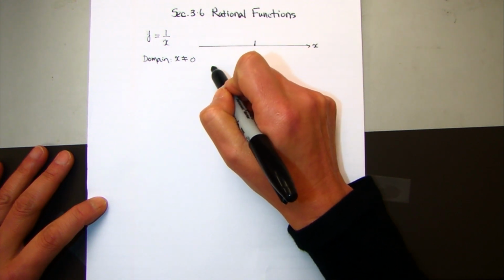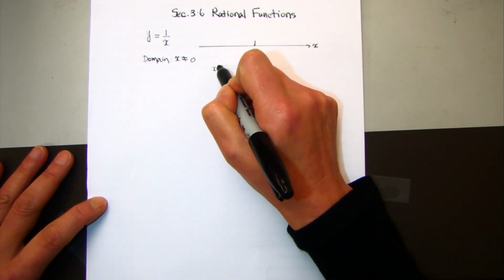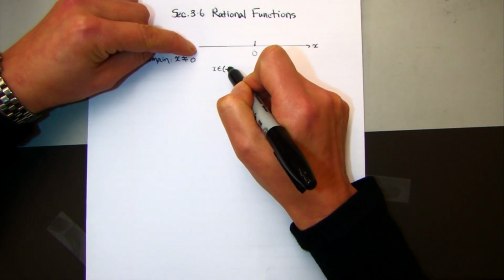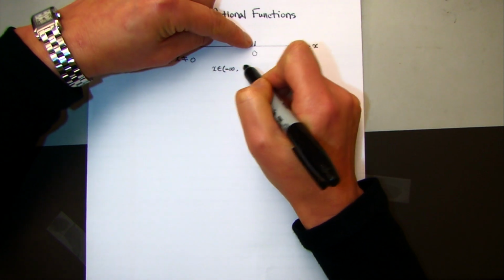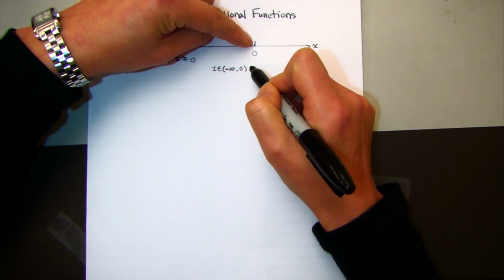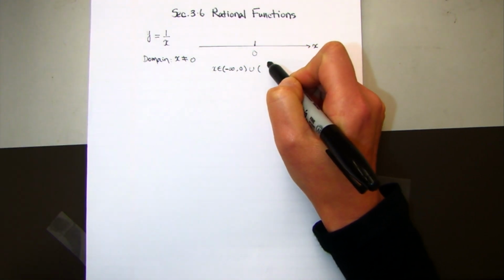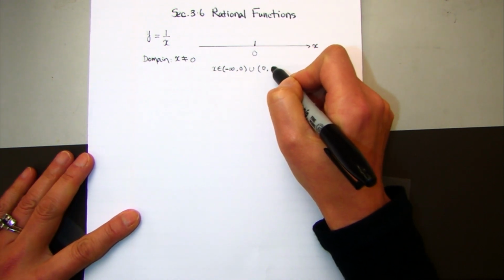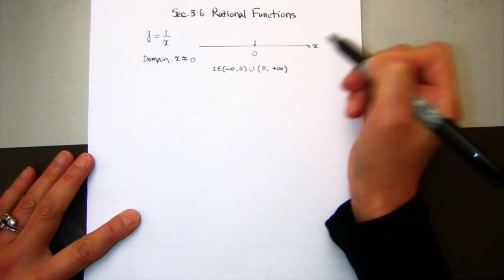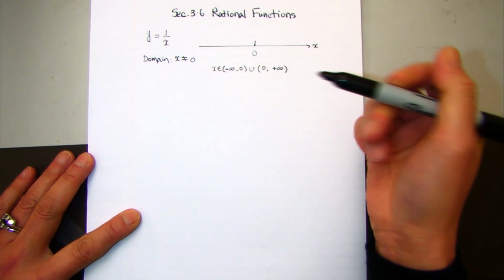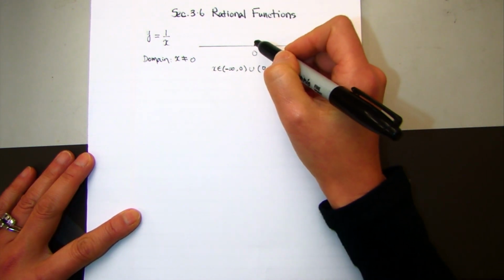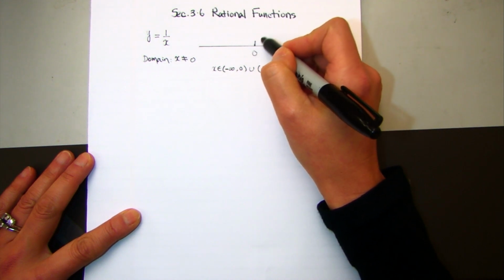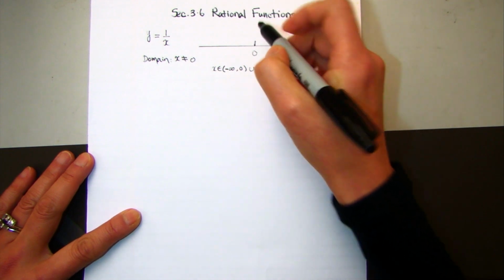So the domain is x should be all real numbers starting from negative infinity, stop right before 0, and jump over 0, pick up on the right side of 0, and go all the way to positive infinity. Okay, so we talked about how close can I get to 0 from the right, from the left.